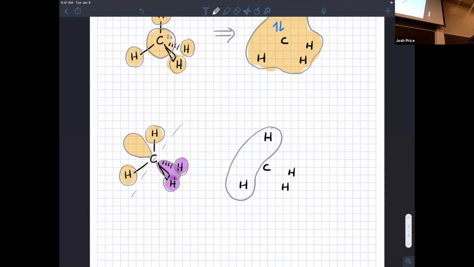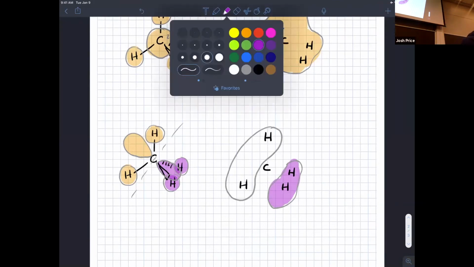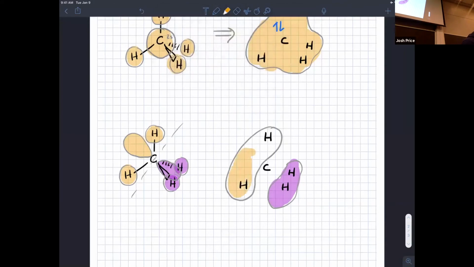And then there would be another lobe of similar size, but oriented differently, right? This one would be going back into the page and then sort of coming out of the page at us. It's almost like you got two lobes and they're oriented sort of 90 degrees relative to each other. And this is one of the other bonding orbitals for methane.